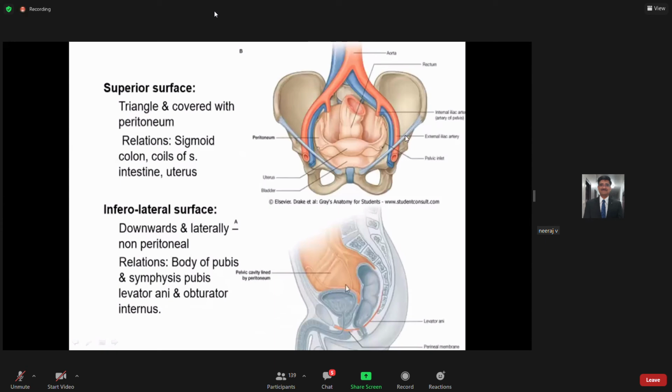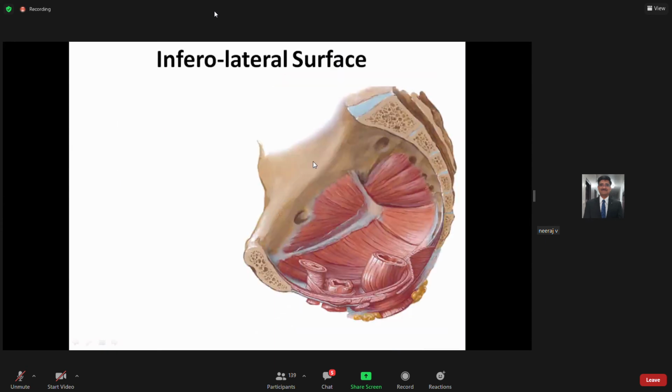So if I show you the relation of the inferolateral surface in this picture, you can see towards the lateral wall of the pelvis, this is the obturator internus, the urethra. This is the opening of the vagina. Here the rectum part has been removed just for understanding. So you can see what all relations the inferolateral surface of the bladder will be forming here.